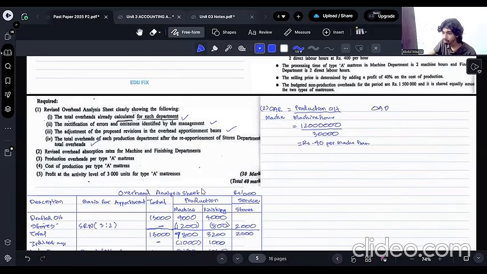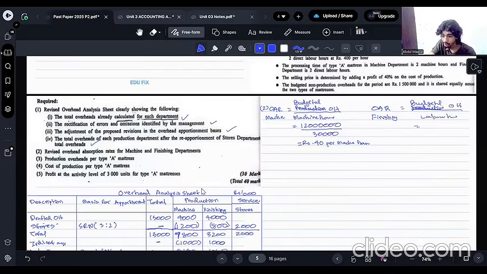Then the overhead absorption rate of the finishing department will be budgeted production overhead divided by labor hours.